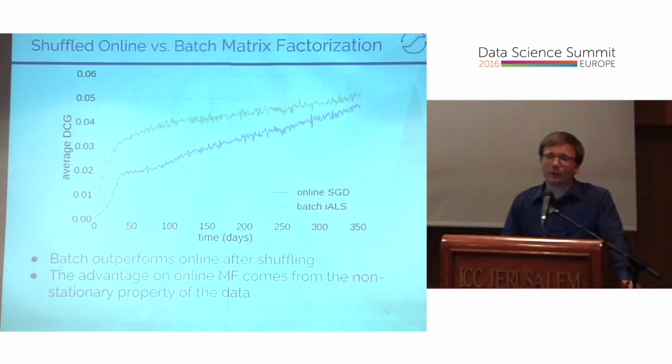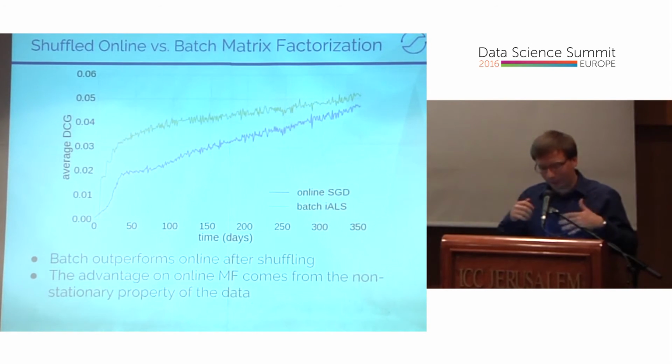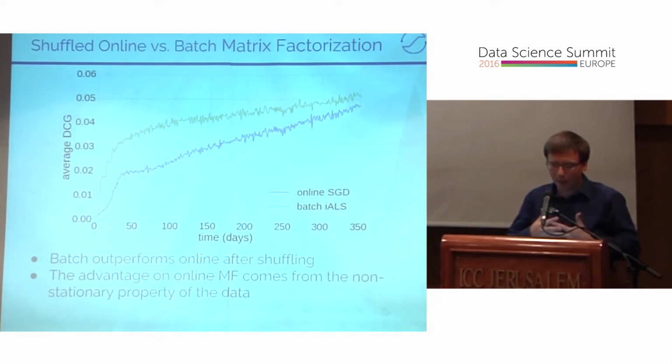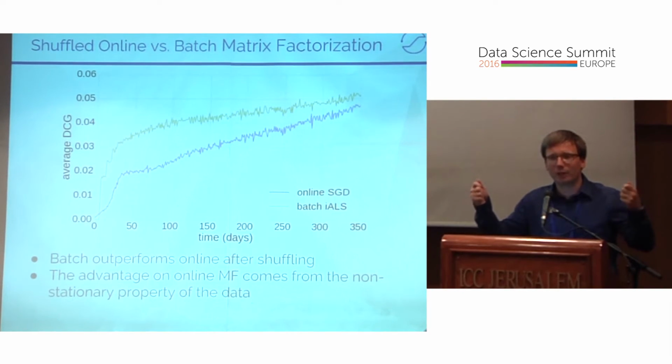The next experiment is the following. We did a very simple one. We simply shuffled our original data set. So we randomly shuffled the time series that we got, and then we similarly measured the performance of a batch and an online method on the shuffled time series.